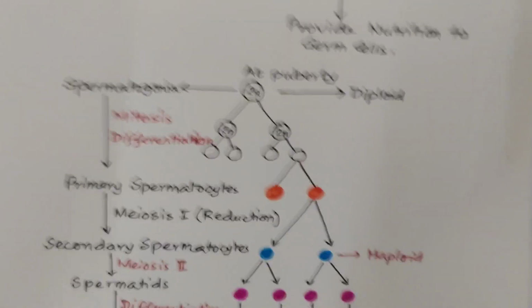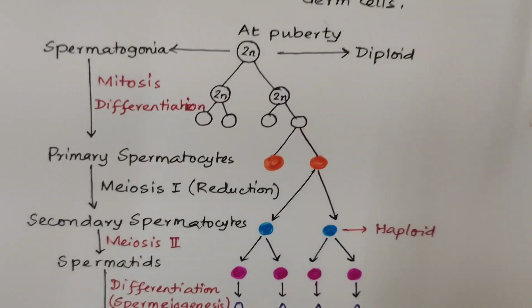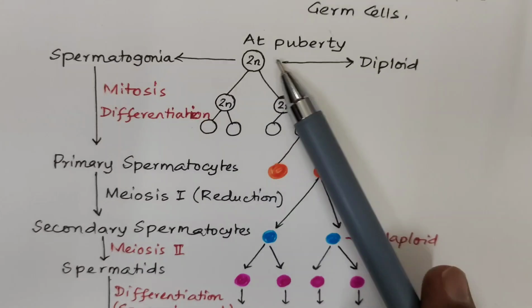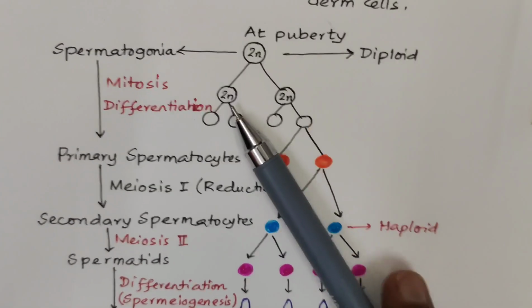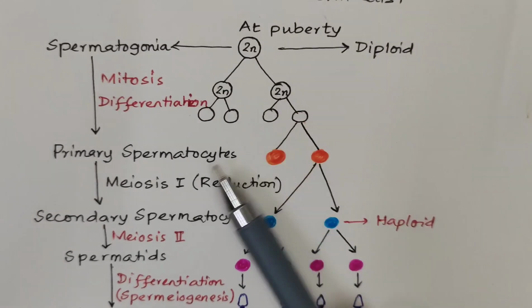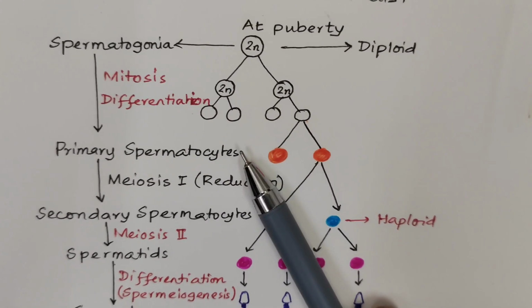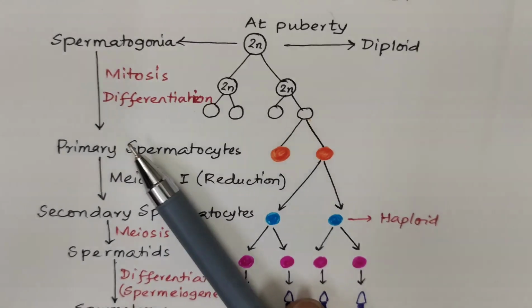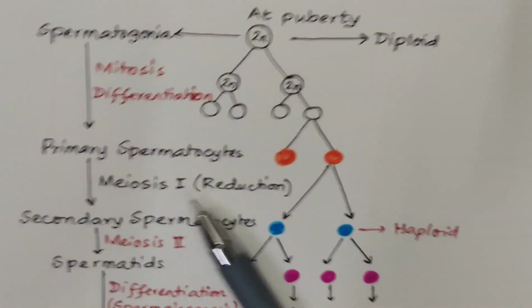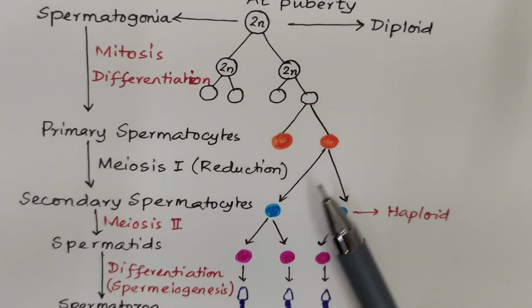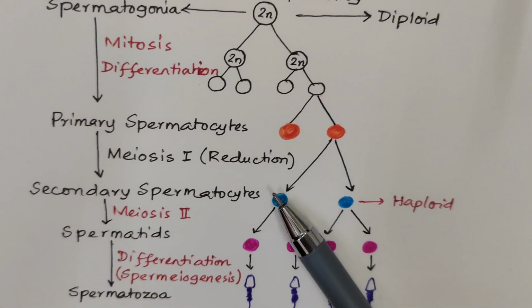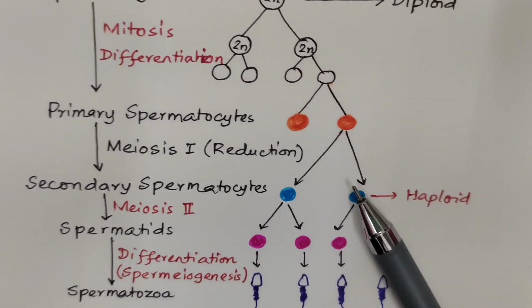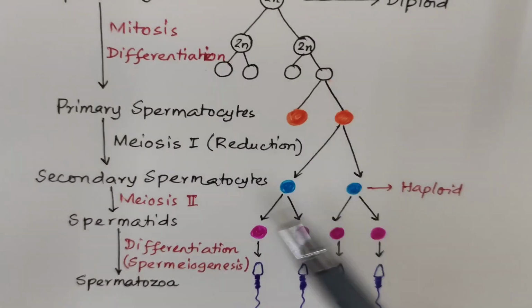At puberty in males, what happens? The spermatogonia is a diploid cell that undergoes mitosis and differentiation to form primary spermatocytes. These primary spermatocytes undergo meiosis 1, or reduction division, to form haploid cells called secondary spermatocytes.